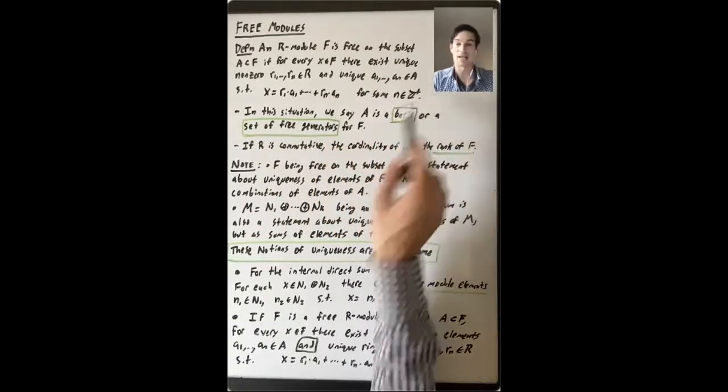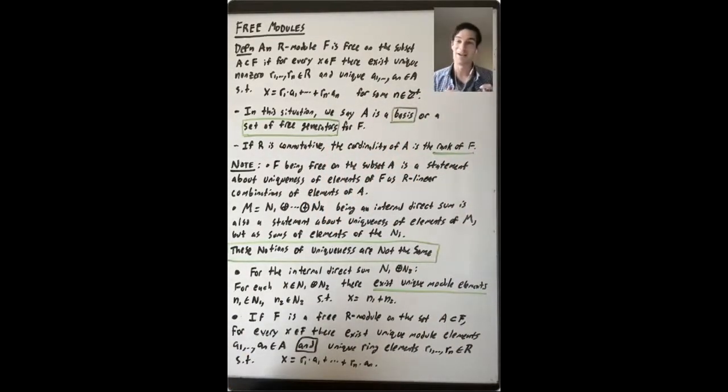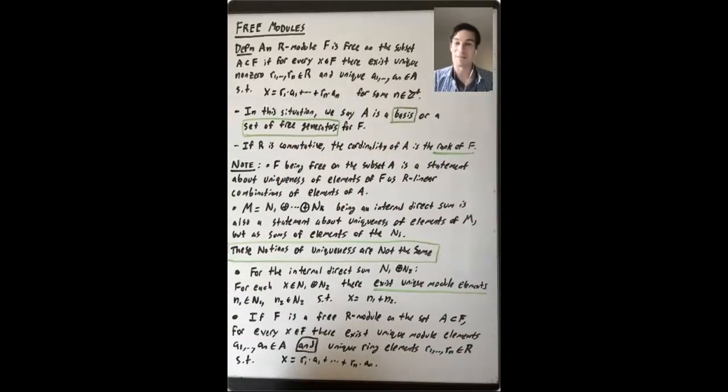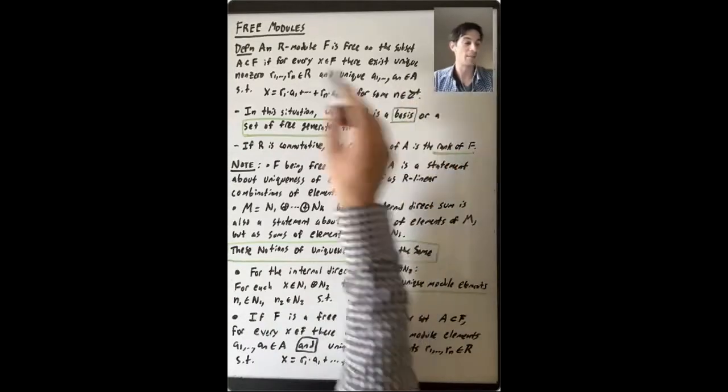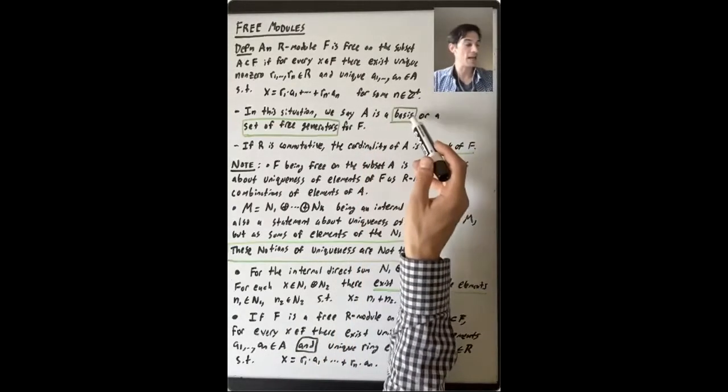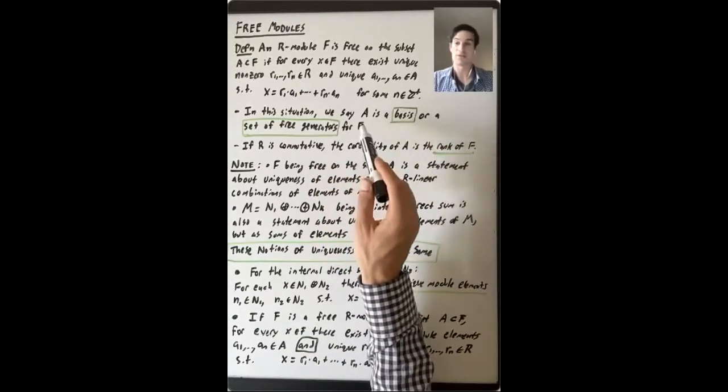So n is some positive integer. For every element, there's some integer n where there's this unique R linear combination of exactly n elements from A. In this situation, we say that A is a basis or a set of free generators for F.